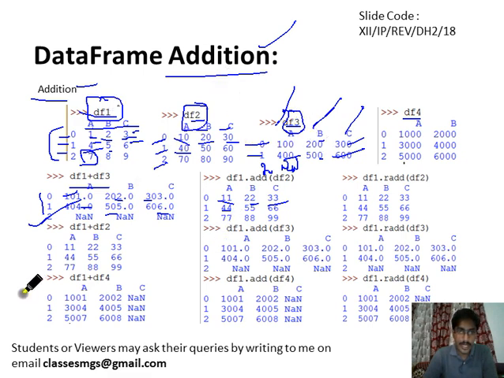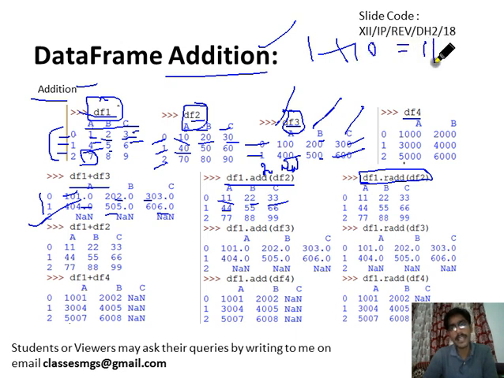In a similar way, you can add df1 dot radd df2. Reverse add is nothing but adding in the reverse order. In one case we are adding 1 plus 10, in the other 10 plus 1. 1 plus 10 will always be 11, and 10 plus 1 will also always be 11.